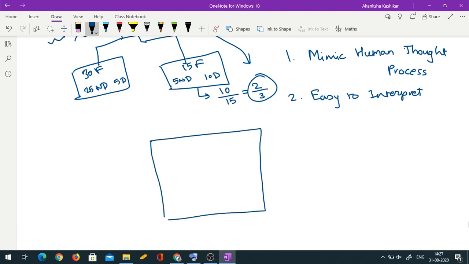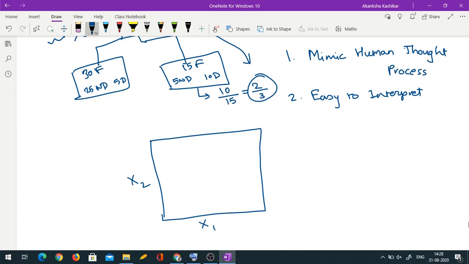Now, suppose I have bivariate data, meaning I have x1, x2 and of course response y. What does a tree do? At any point, we are allowed to have only a binary split and only on the basis of one variable.